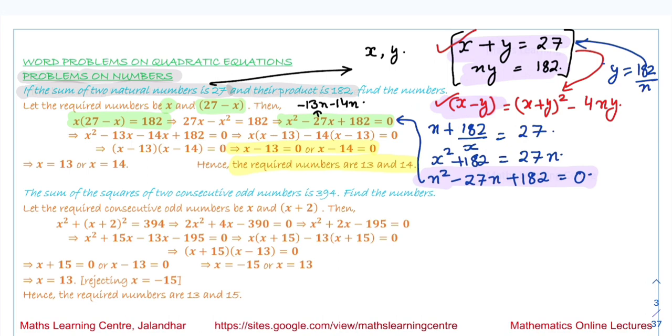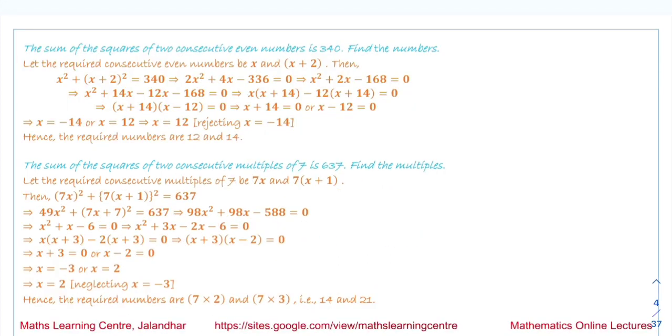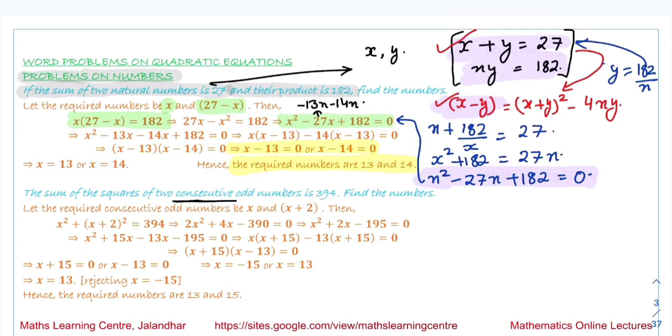Next is, the sum of the squares of two consecutive odd numbers is 394. Now we are talking about consecutive numbers. If I am talking about consecutive odd numbers, so if it is 3, then the next number is 5. So these two are consecutive odd numbers. Suppose the first number we are considering is x.